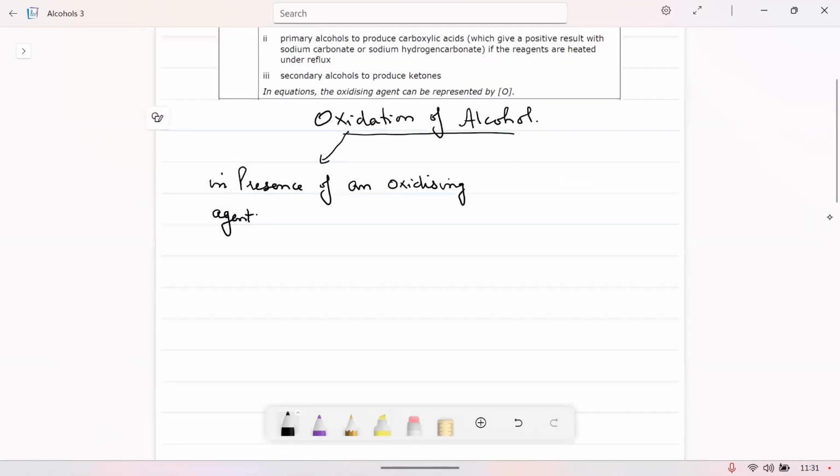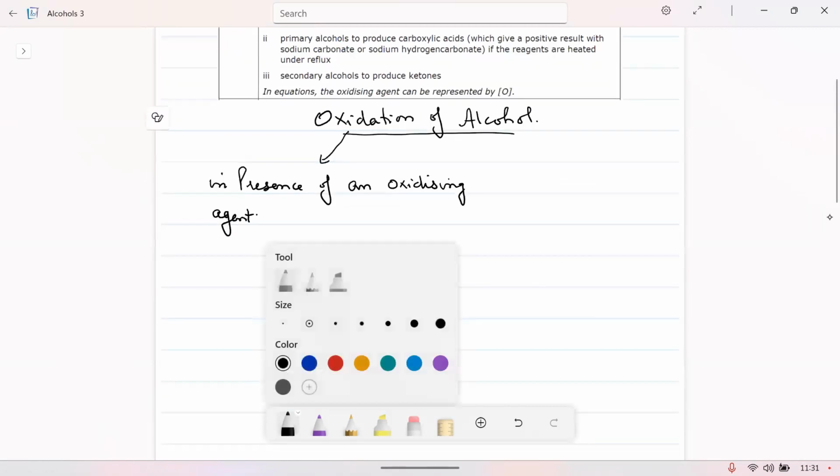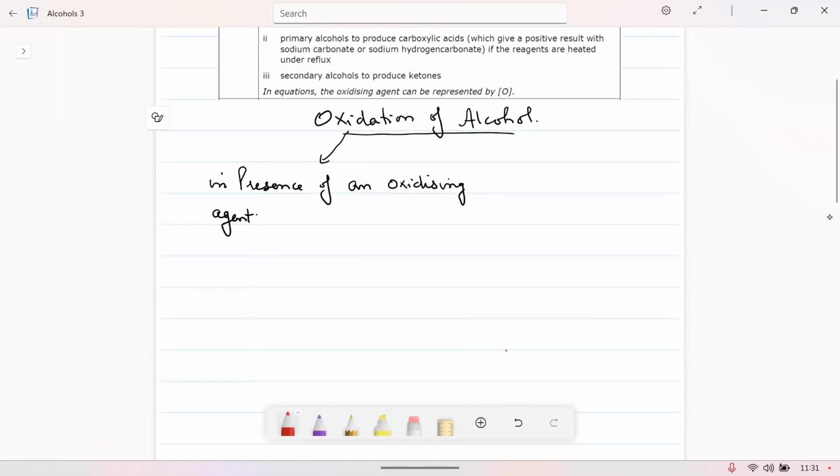That's the first step. Now, there are many oxidizing agents, but the one that is accepted by the board is potassium dichromate in acidic medium. So H+ means in acidic medium, and this is provided by dilute H2SO4.